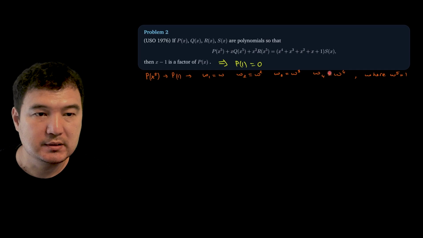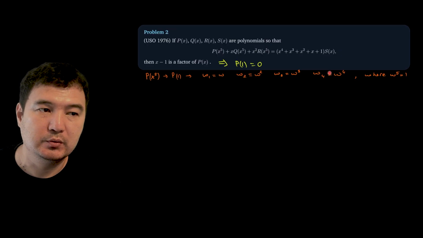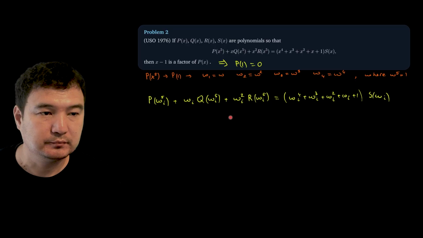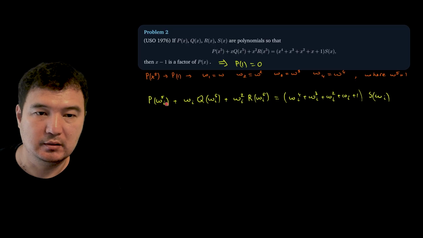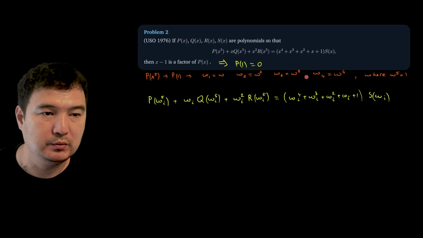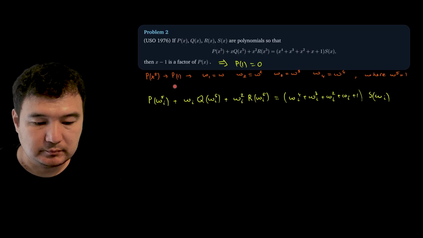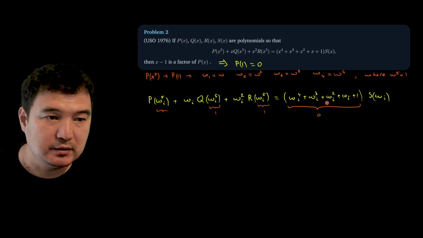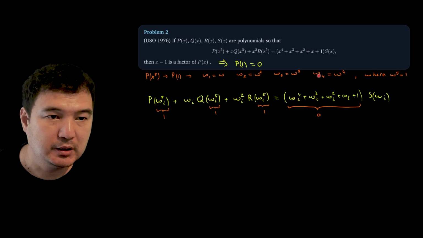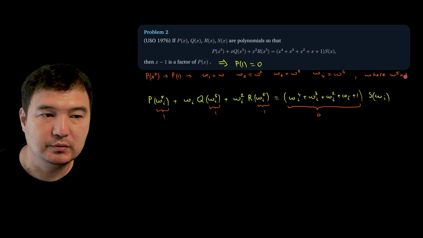So what happens if I plug the fifth roots of unity into the equation? Like this, omega i, where i is from 1 to 4. This part is going to be 0 because these omegas are the fifth roots of unity, and it makes this part equal to 0.